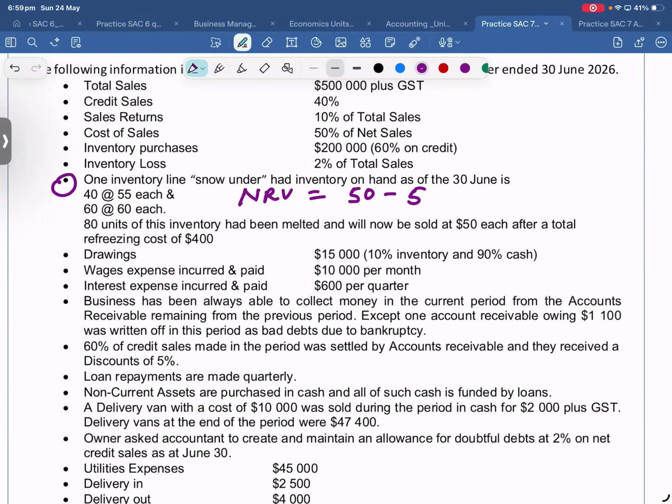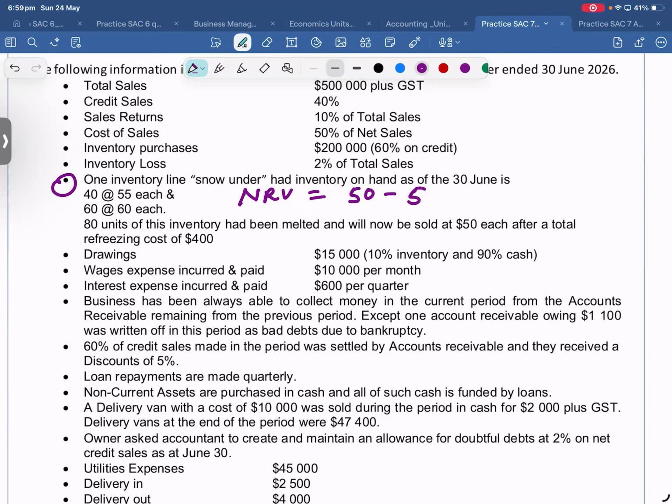Sorry, we were talking about the NRV, guys, which is 45, yes? Right. Now, how do we calculate the inventory write down? We have to calculate for them separately. Inventory write down for the 55 ones.